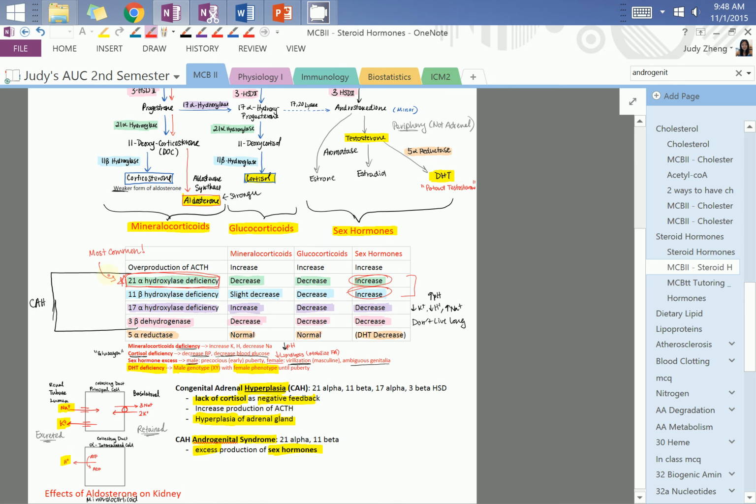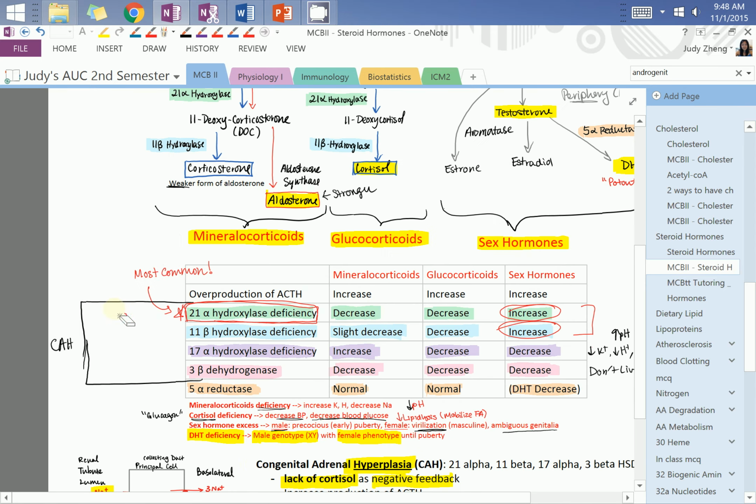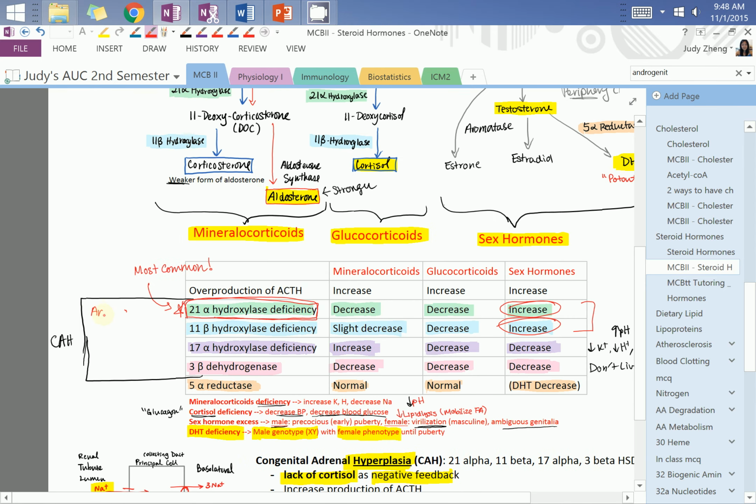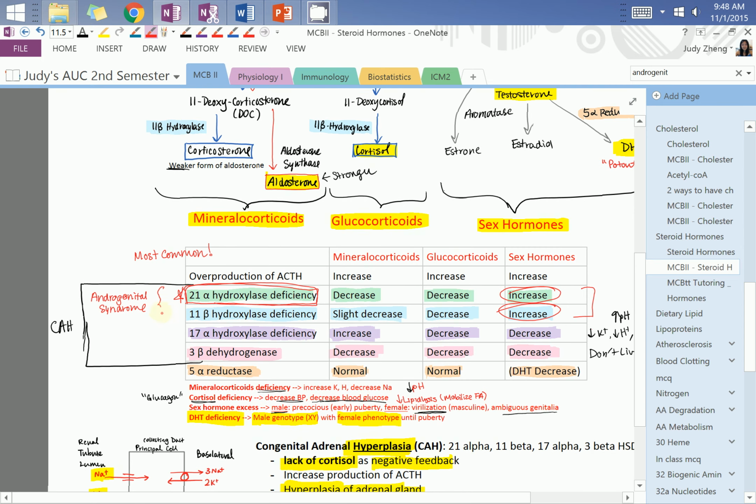So these 2 are considered androgenital syndrome. It'll be these 2 only.